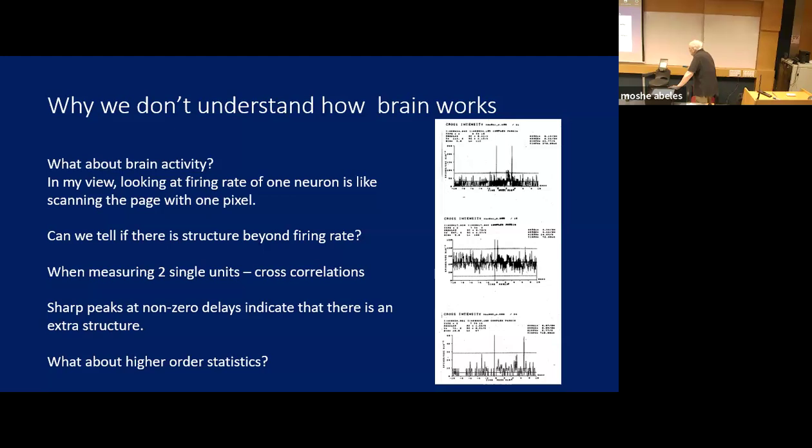This is another example with a delay of almost 400 milliseconds. So when we record 2 single units and do cross correlation, it's like looking at 2 pixels on this picture. We find such sharp peaks, and it means that there's something beyond firing rate. But we don't know what it is beyond the firing rate.